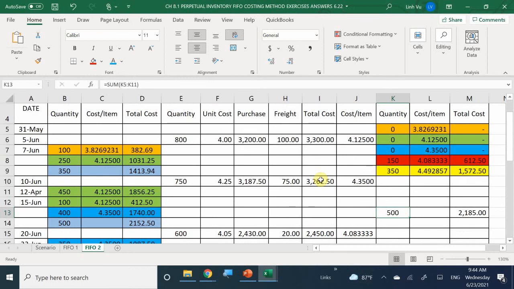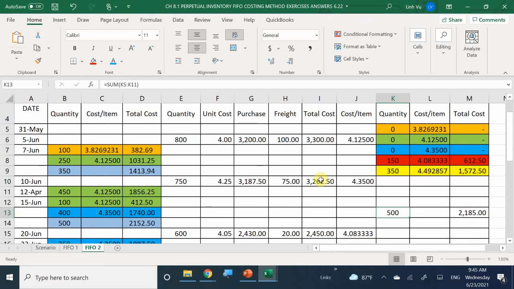So in this case, FIFO is actually going to be the same for periodic. But when we dive into LIFO, LIFO will definitely be different between perpetual and periodic because every time we make a purchase of inventory, we're getting rid of it. Where periodic, we wait till the very end and then we get rid of it. In this one, we're gonna get rid of it as we go.